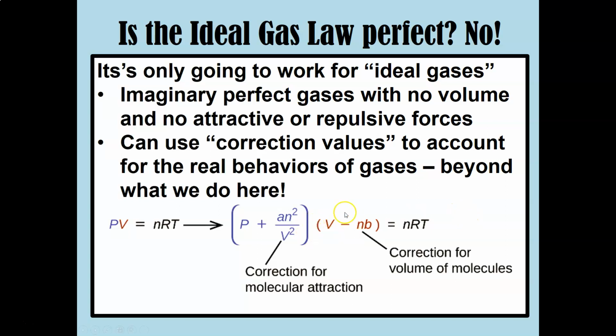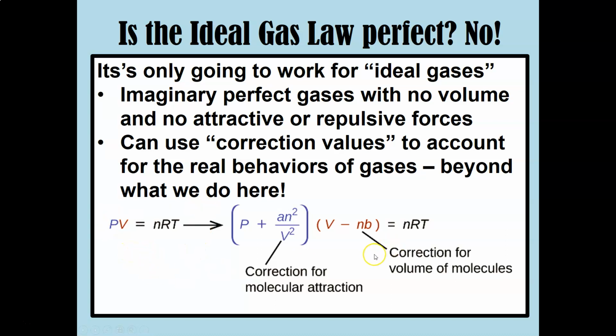And here in the volume part of the correction factor, we have to take into account that the molecules themselves take up a little bit of space. And then remember, you may have a very specific R value as well. And so it just gets way more complicated if you're ever going to try to do this with a real gas, which, lucky for us, we're not going to do. We're only going to do this for ideal gases. You just need the good old-fashioned PV equals nRT version, okay?